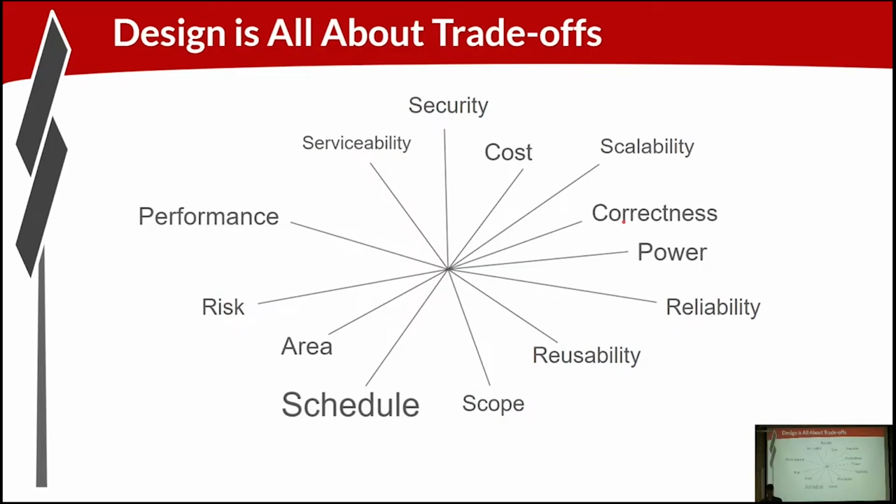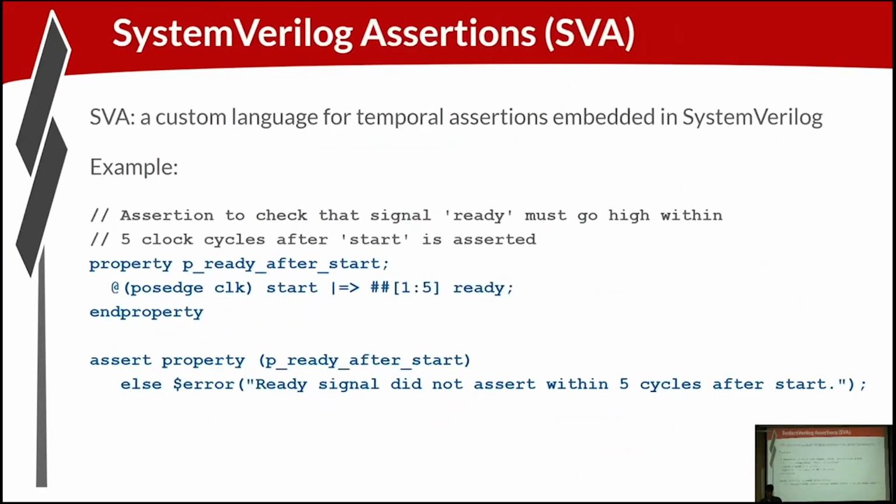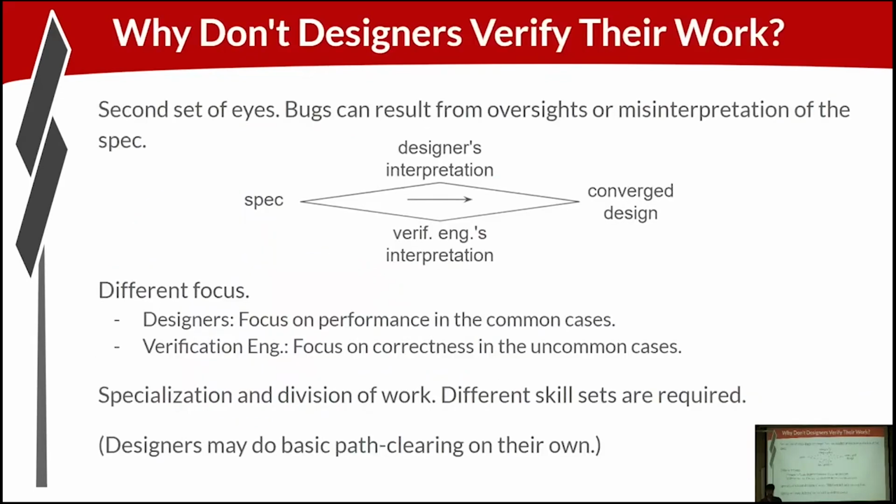Logic designers worry about all these things. The verification engineer is concerned about correctness. Full stop, I guess. So it's good to have a team of engineers with that specific focus since it is important.